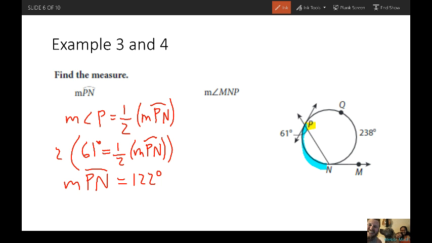So now your example that you're doing, just know that your angle is going to equal half of what? MNP equals half of what? So again, you're looking for this angle here. All right.